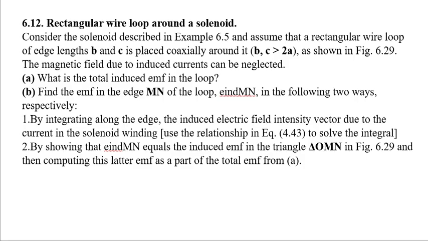And going back to it, the EMF is equal to that of the triangle OMN, and then computing this lateral EMF as part of the total EMF from A. So we just break this problem down into its components. The first thing here, we're just finding the total induced EMF.